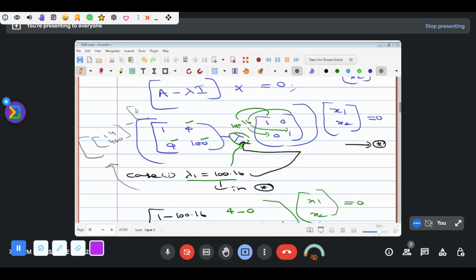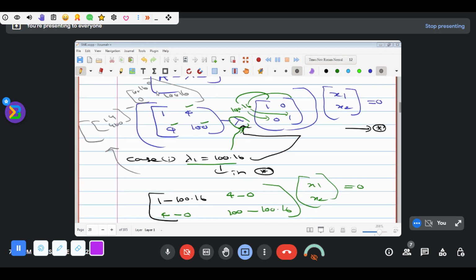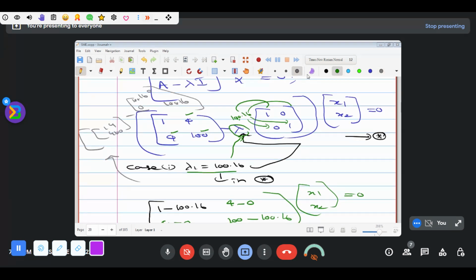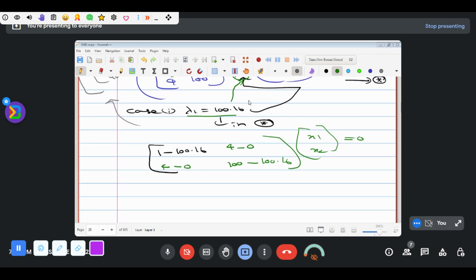The result is 1 into 100.16, which is 100.16, 0 into 100.16 is 0, 0 into 100.16 is 0, and 1 into 100.16 is 100.16. Now we subtract: 1 minus 100.16, 4 minus 0, 4 minus 0, 100 minus 100.16.